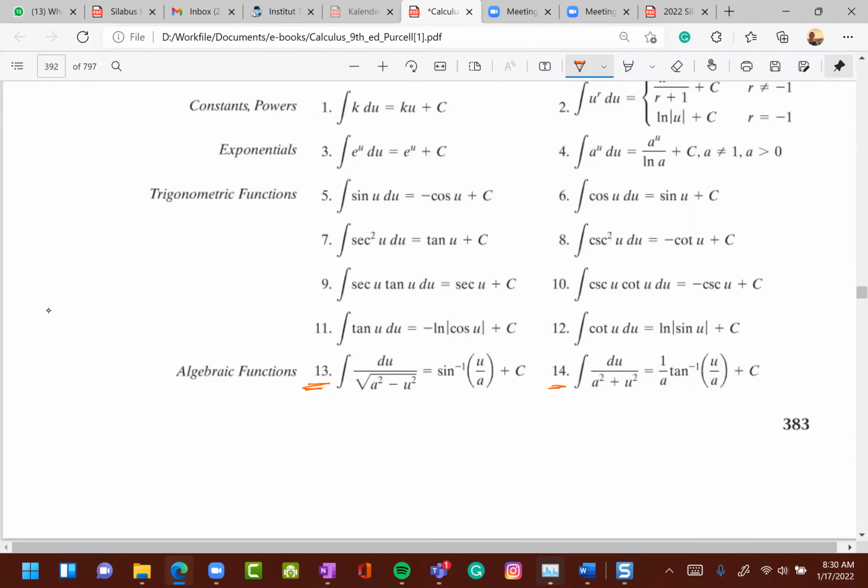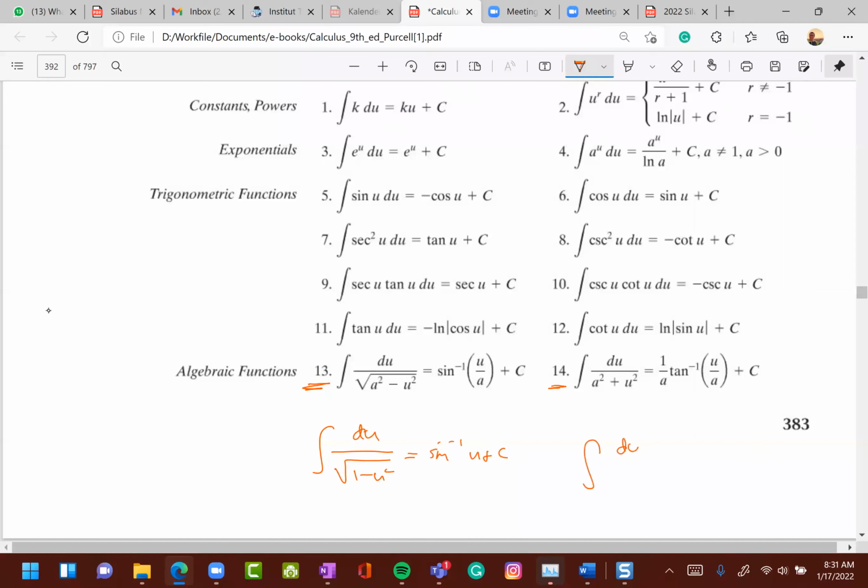So I usually use this formula instead: 1 minus u squared gives you sine, and this one gives tangent, plus just one here.